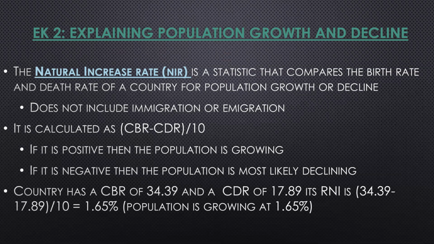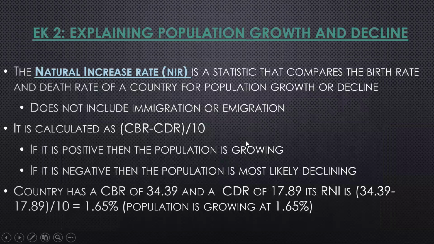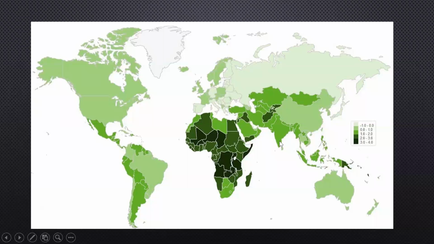But currently, after some research by the UN, right, it looks like the world is generally speaking at like a 1.1 NIR. Okay. So like I said, globally it's at 1.1, but that hides the fact how some nations are dealing with their natural increase rate, right?